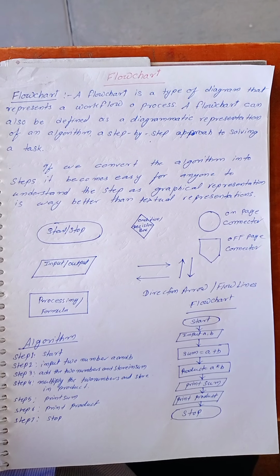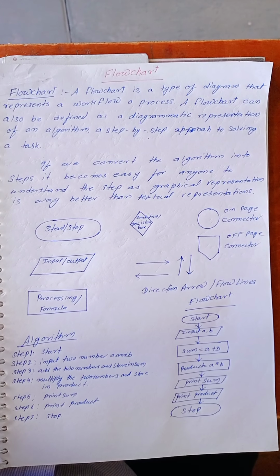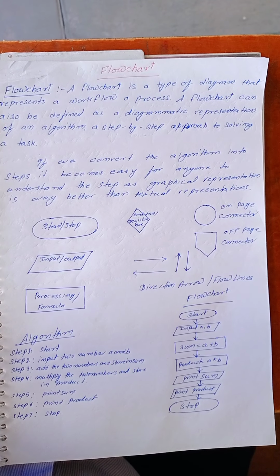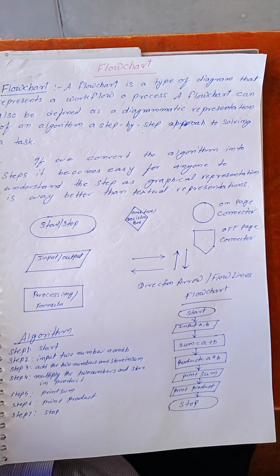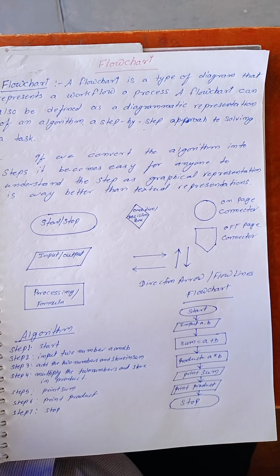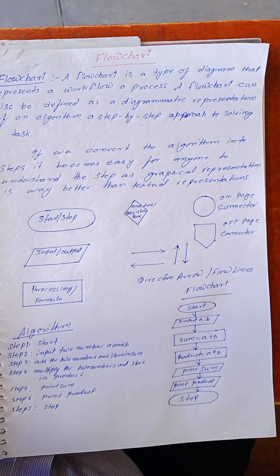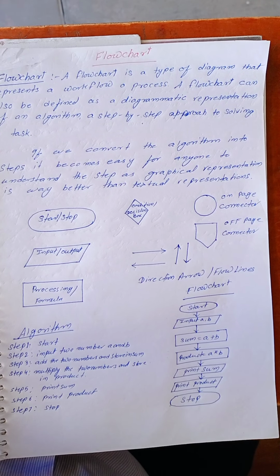A flowchart is a type of diagram that represents a workflow process. A flowchart can also be defined as the diagrammatic representation of an algorithm, a step-by-step approach to solving a task.